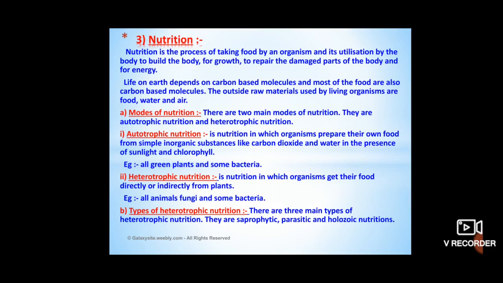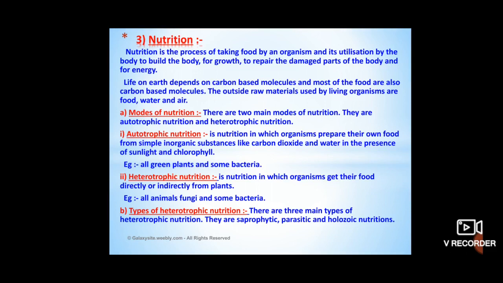This we call the heterotrophic mode of nutrition. The best examples are all the animals, all the non-green organisms, animals, human beings, fungi and some other bacteria, which also come under the heterotrophic mode of nutrition.